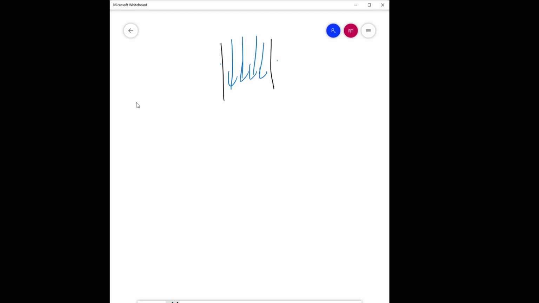So let's say velocity Vz is a function of r, because of the no-slip conditions. The velocity profile will look something like this, the maximum being here.